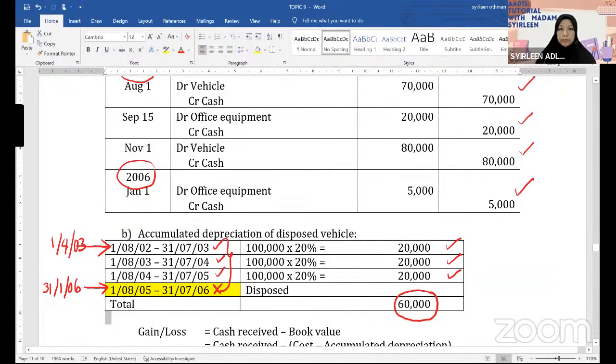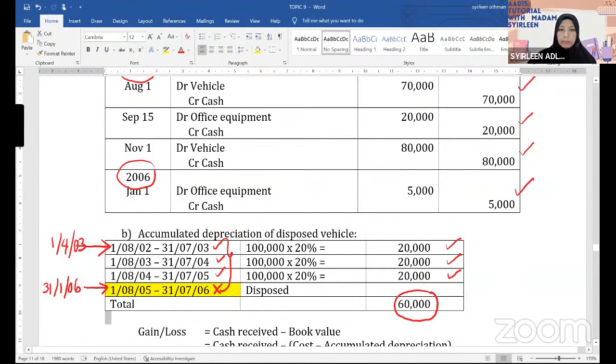Alright, so now saya akan tutup account asset tadi. So I will close the accumulated depreciation with a value of 60,000 ringgit. So asset ni, the vehicles cost you 100,000, tapi saya takkan tutup on 31st of January semua sebab saya belum dapat compensation lagi.